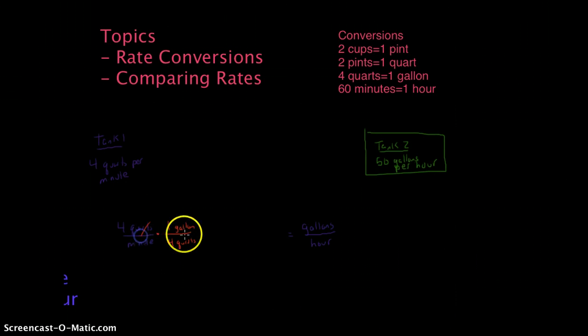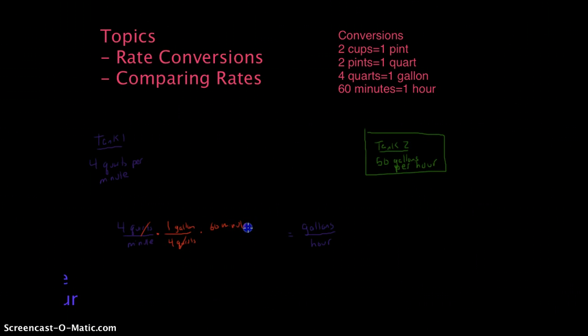Check my units, cancel out what I can. Now I'm in gallons per minute, which is good, but I need to be in gallons per hour. So what's my conversion going to be to go from gallons per minute to gallons per hour? I need to take minutes and put them on top, to cancel out. So here we go, 60 minutes.